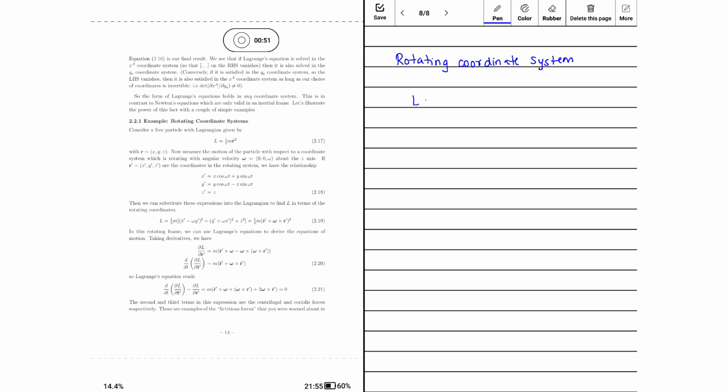So if you recall, the kinetic energy is half m r dot, oh sorry, it should be r single dot square. Yes, this is the kinetic energy.